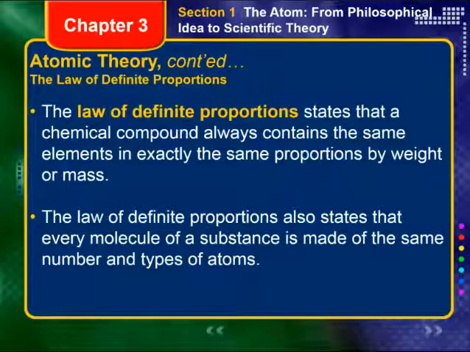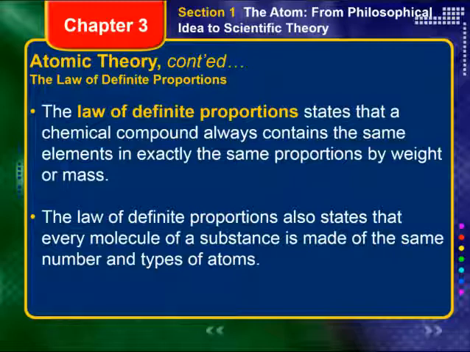The law of definite proportions states that a chemical compound always contains the same elements in exactly the same proportions by weight or by mass. Table salt is made up of sodium and chloride ions, so sodium and then chlorine atoms originally.